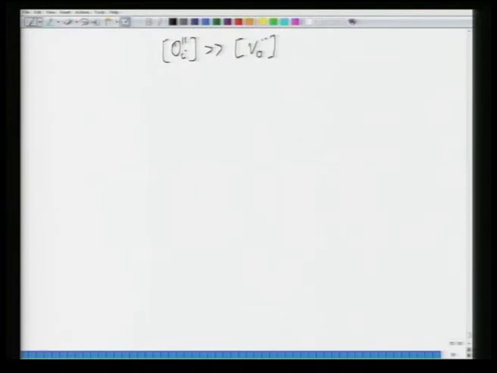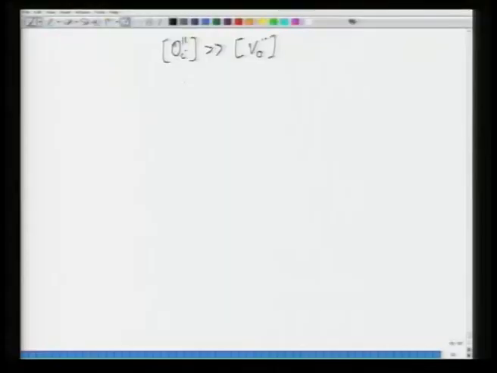So you just now replace the concentration of OI and VO here, and I will just write the final expression now.